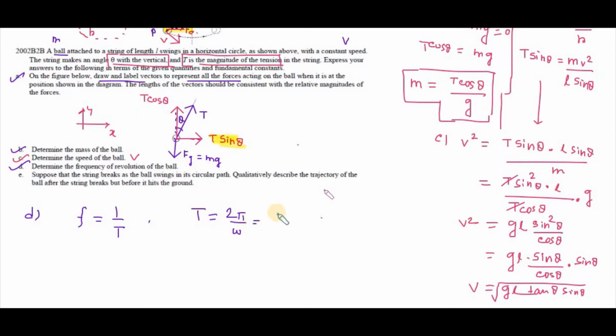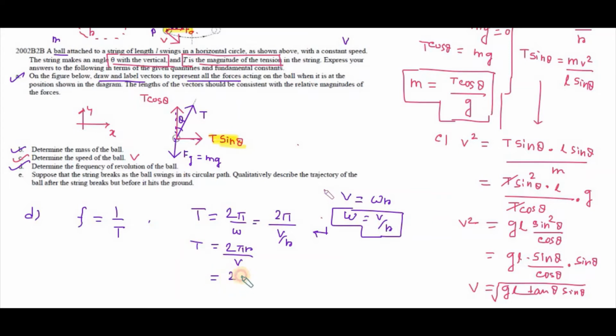We know that tangential velocity v equals omega times r. From there we can say that omega equals v by r. So if we substitute this expression in the previous form, instead of omega, that is equal to v by r, we get the expression 2 pi r by v.